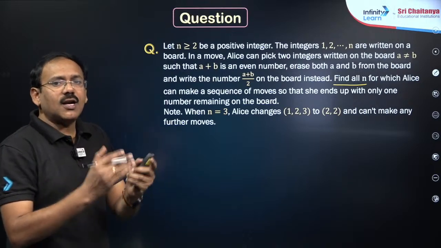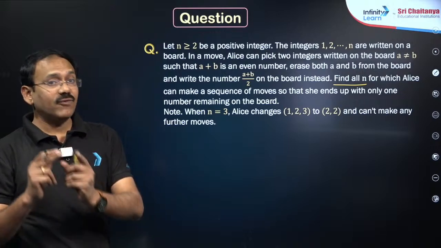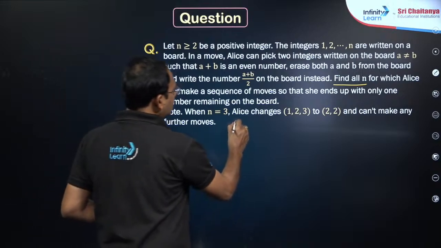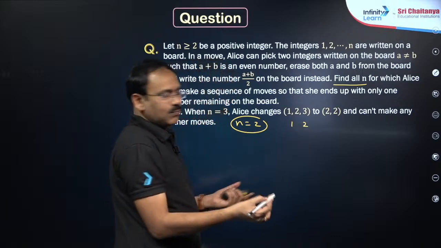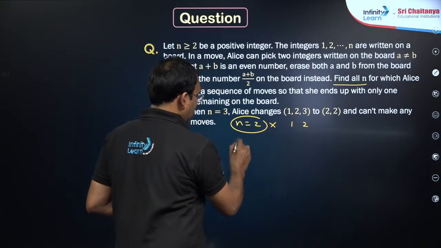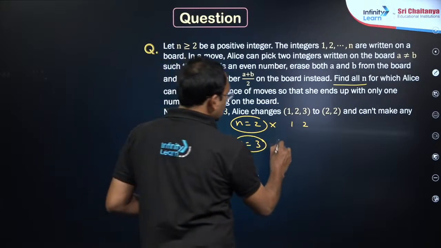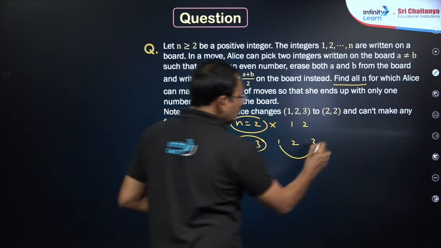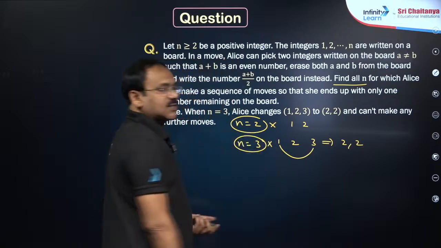Now if you keep on continuing the process, the n is said to be successful if you end up with a single number, right? For example, if you take n equal to 2, my dear friends, you are left with only 1 and 2, you cannot move further. So this is not a successful case. If you take n equal to 3, that is 1 2 3, you can replace 1 and 3 with 2, so that you get 2 2, you cannot move further, it is not a successful case.